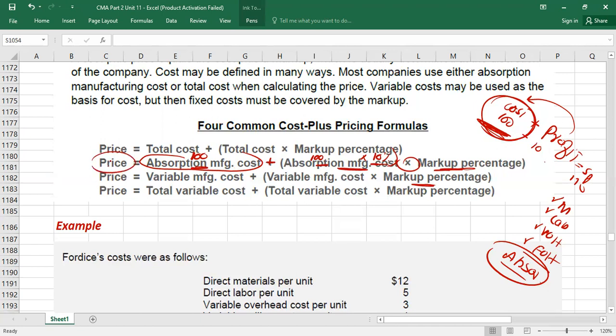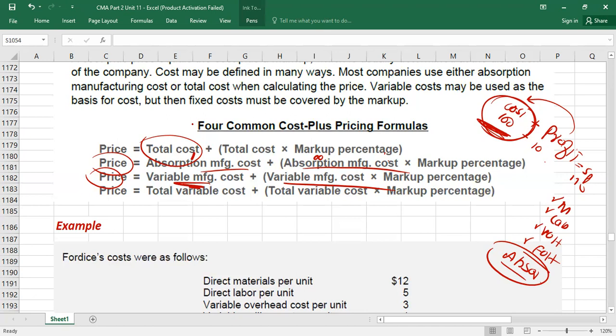So, as I told you, some companies consider only variable manufacturing cost, then add profit to get the sale price. Some companies consider only absorption manufacturing cost, then add profit on this cost. And some companies take total cost. For example, if you are following life cycle costing, you consider the cost you will incur throughout the life cycle of the product, from the introductory stage till the product retirement.